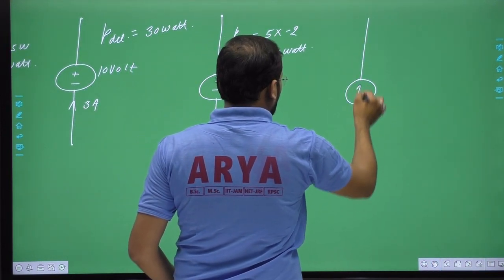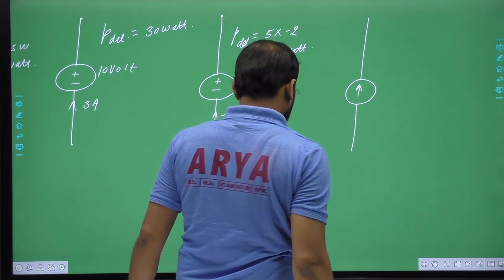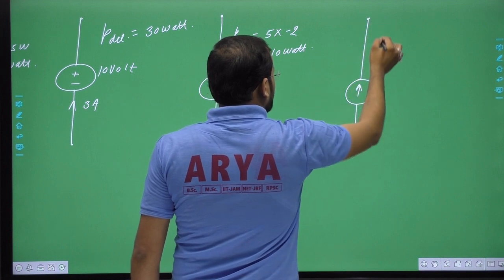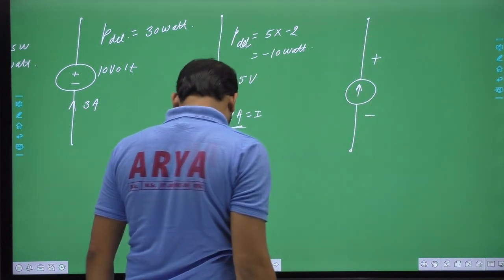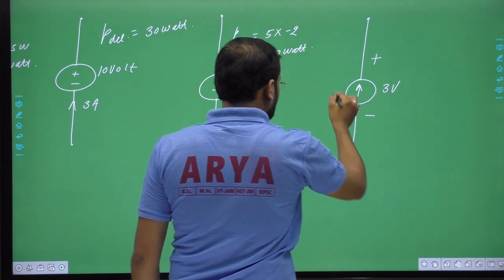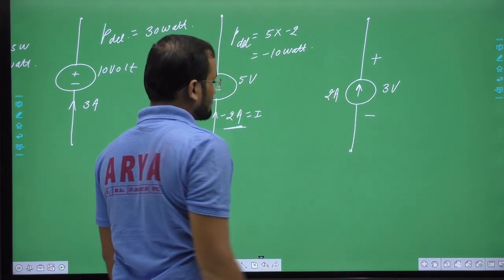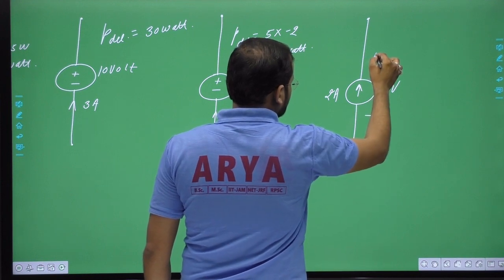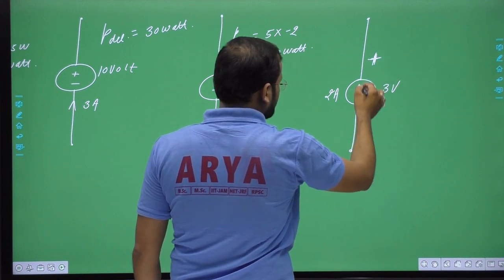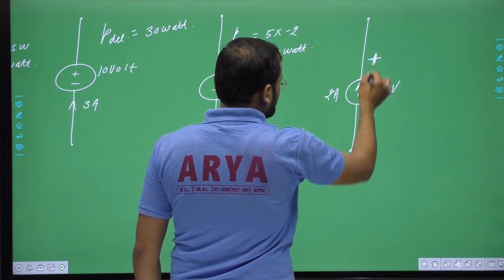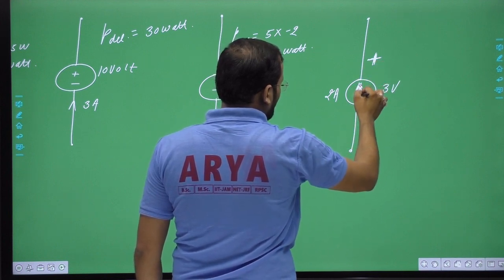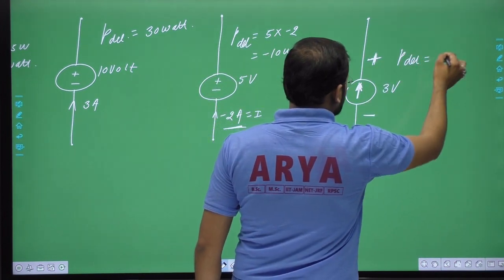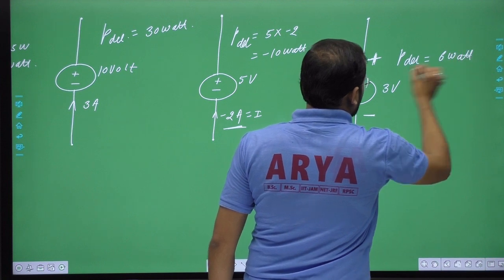If there is a current source, then there also exists a voltage across a current source. If this is a 2 ampere current source and the voltage polarity is like this, then as current is leaving from the positive terminal, power will be delivered and the value is equal to 6 watt.